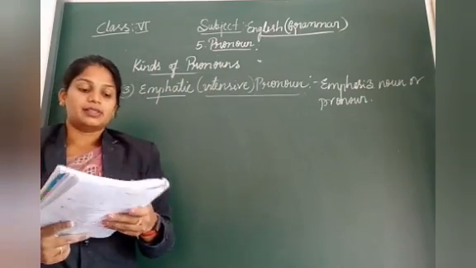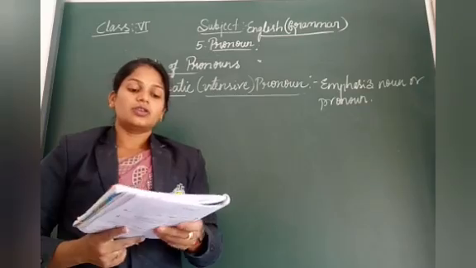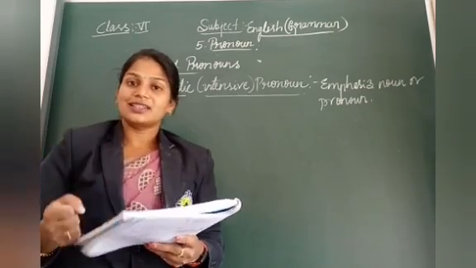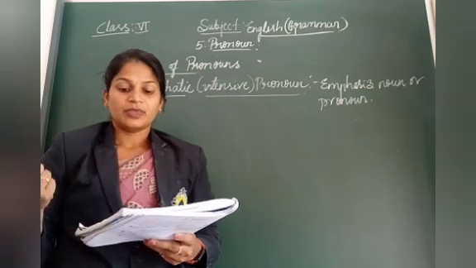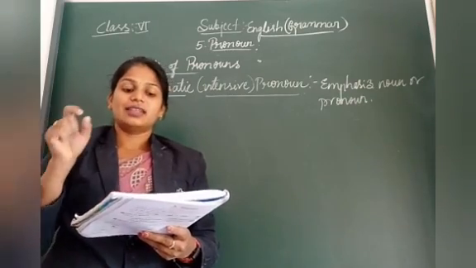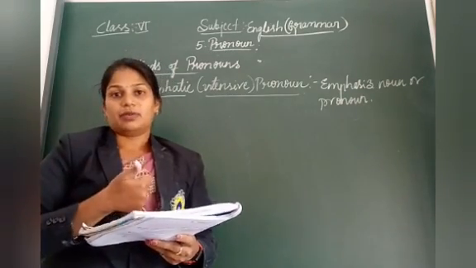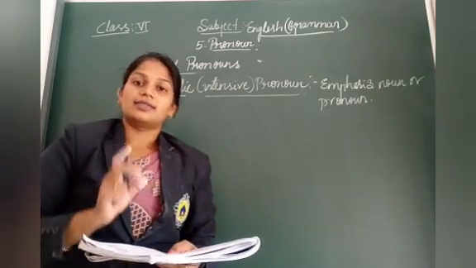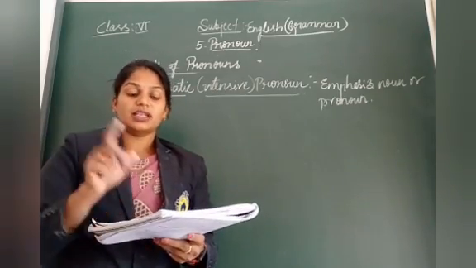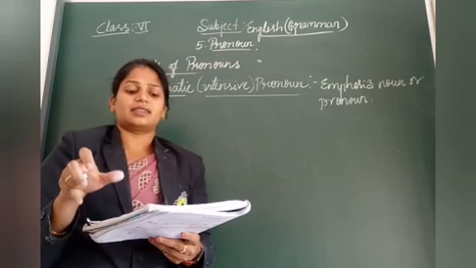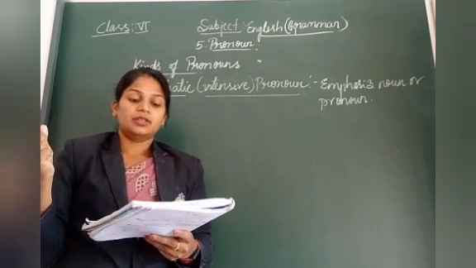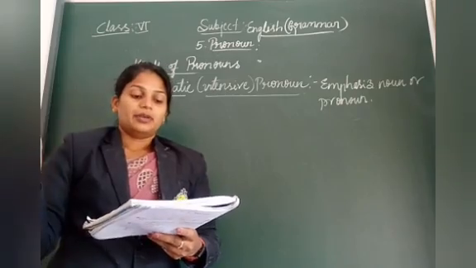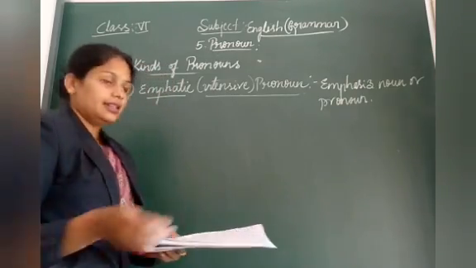So for example, see here, the given pronouns used to emphasize or stress a noun or pronoun are called emphatic pronouns. Emphatic pronouns have the same form as reflexive pronouns. Just now I said, no, the same words we use, but they stress a noun or a pronoun. Then, for example, we ourselves saw the king.